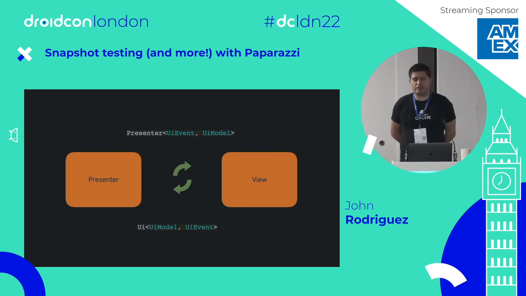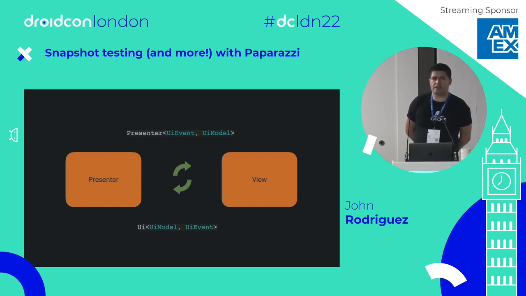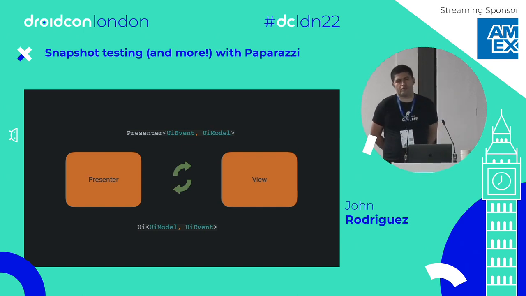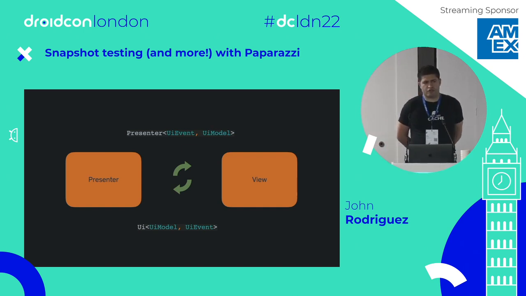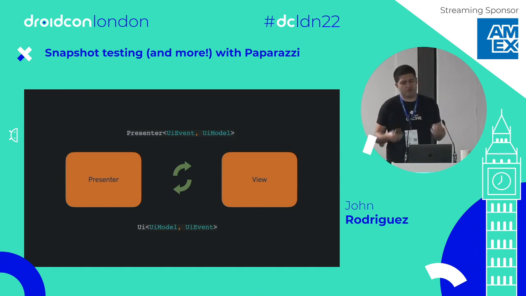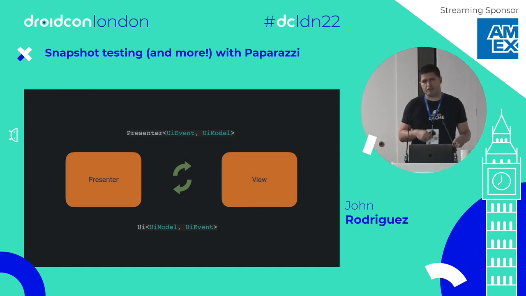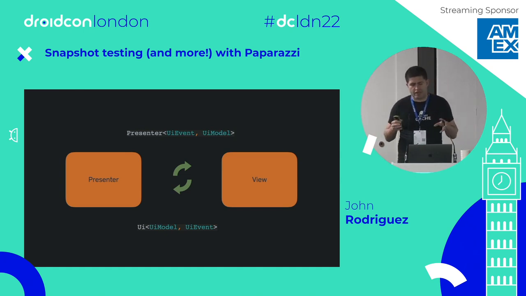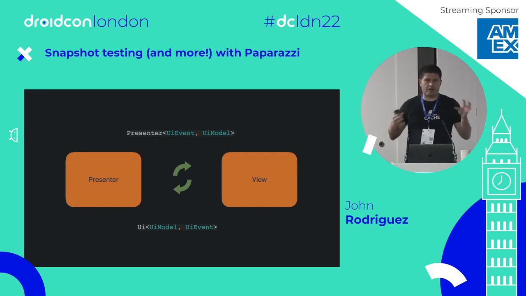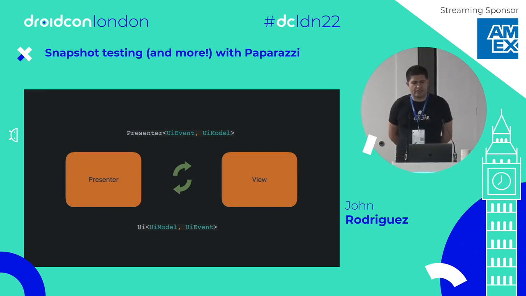What it essentially does is it's a combination of Dagger multibindings and the idea that when you're in a certain module, given a POJO representing what screen you are on with arguments, there will be a presenter factory and a view factory, which will respectively find the presenter and view that map for that POJO.